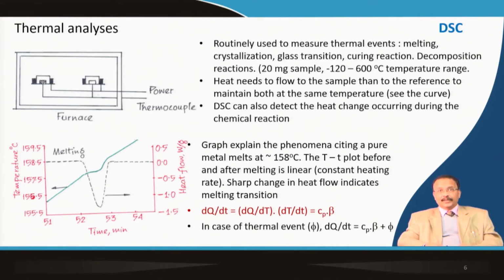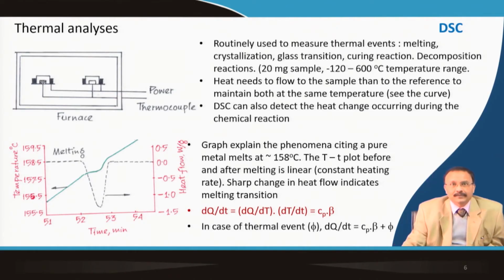So, DSC can be used to detect the heat change occurring during a chemical reaction. The graph here explains the phenomenon, which shows a melting reaction of a metal occurring at about 158 degrees Celsius.